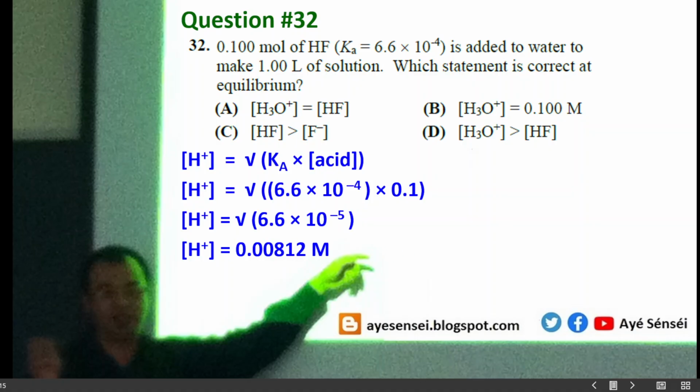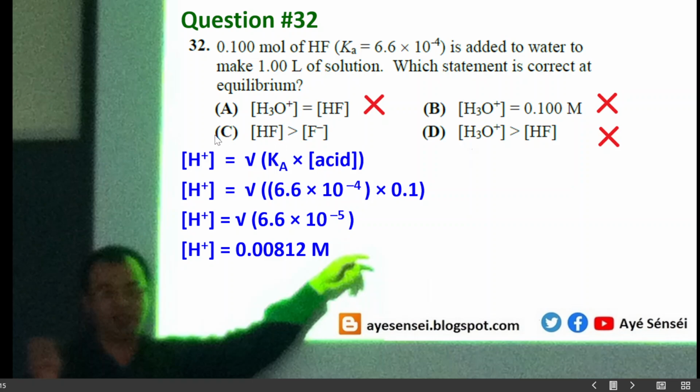And then let's see the options one by one. Okay, from option B, we can tell directly that this is not correct. And option D is also wrong. And option A is also wrong because, as you can see, the concentration of H+ is less than HF.